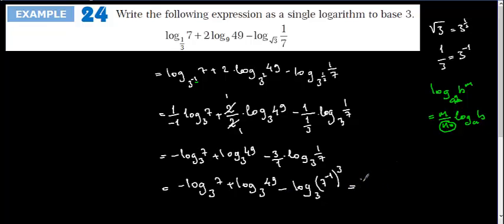So we are going to write logarithm base 3. When the sign is minus, that part is written in the denominator: 7 times 7 to the power of minus 3, and here it's going to be 7 to the power of 2.